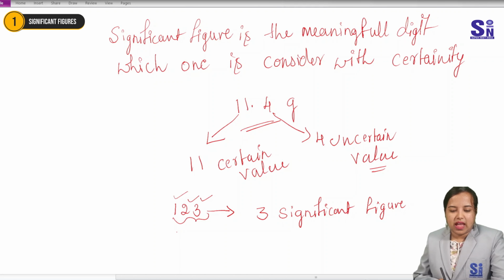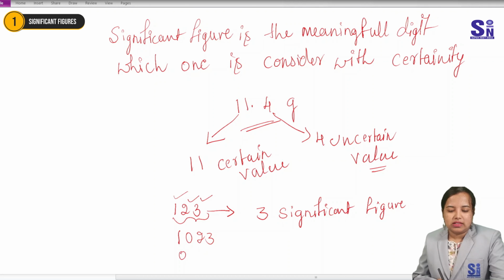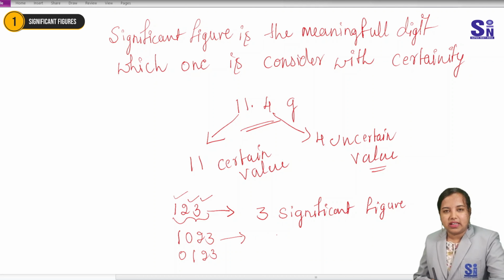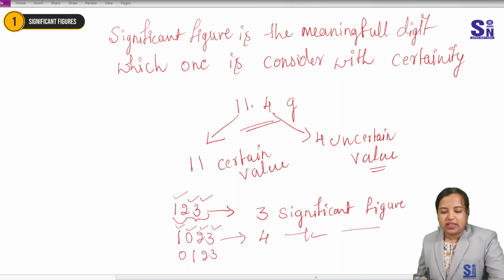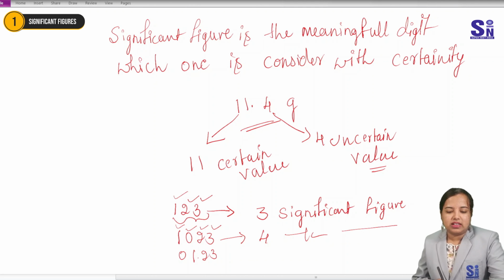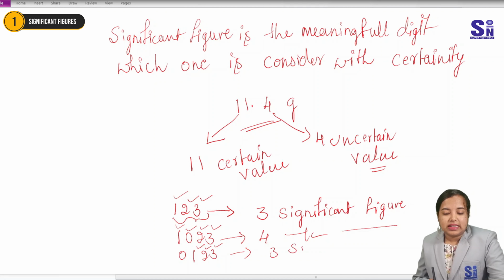Suppose I write 1, 0, 2, 3 and 0, 1, 2, 3. How many significant figures are there? 1, 2, 3, 4. That is 4 significant figures, whereas here 1, 2, 3. So 3 significant figures.